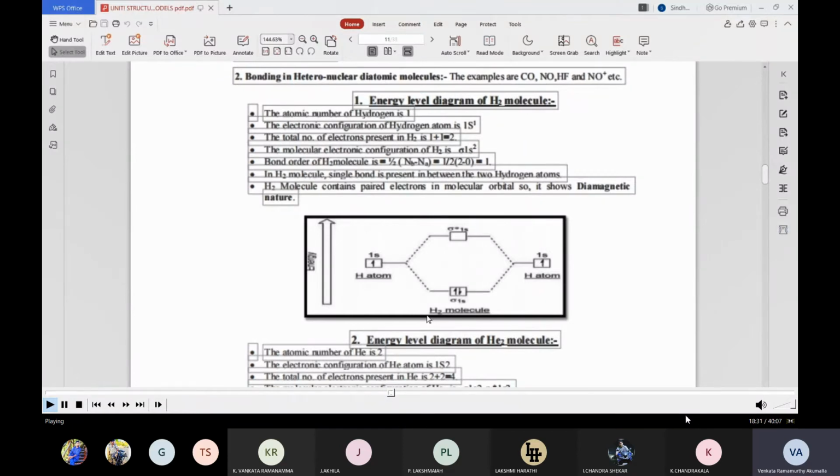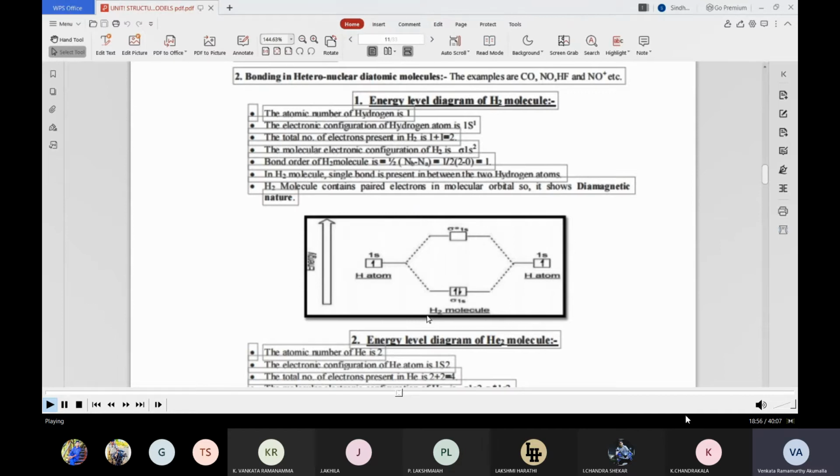The molecular electronic configuration of hydrogen is sigma 1s2. And the bond order of the molecule is 1 by 2 into the number of bonding electrons minus the number of anti-bonding electrons.